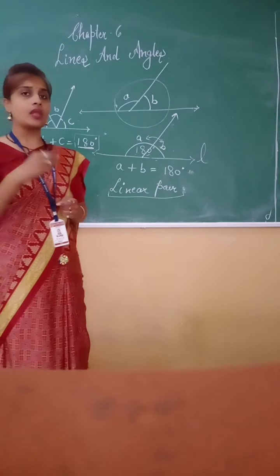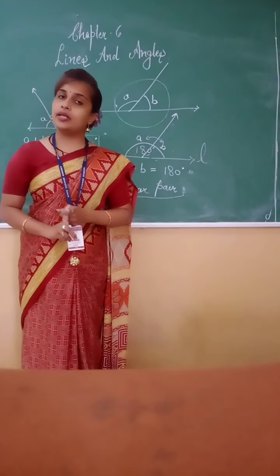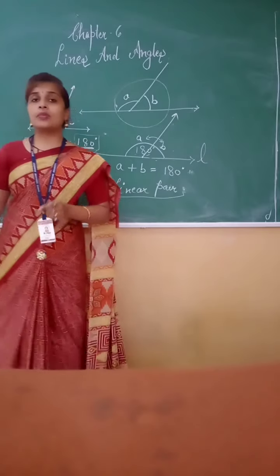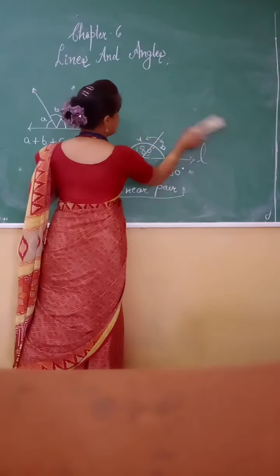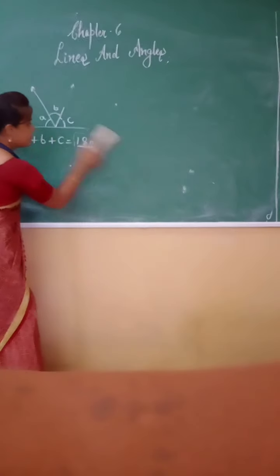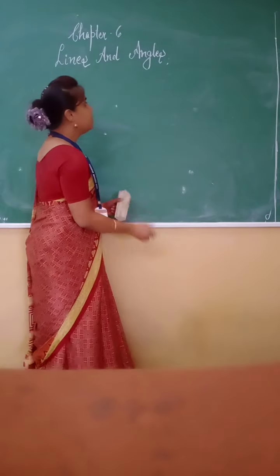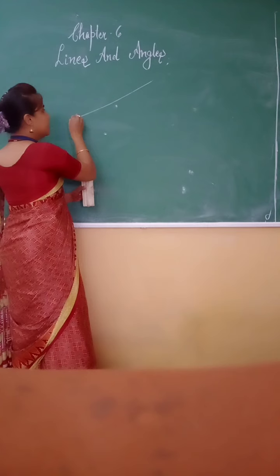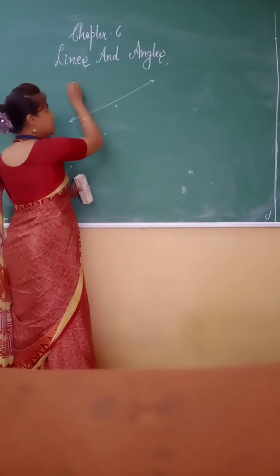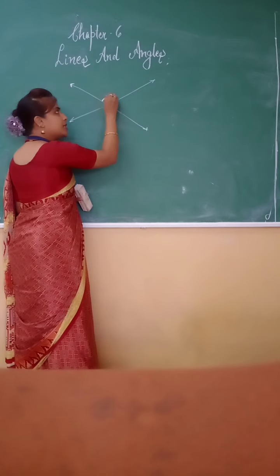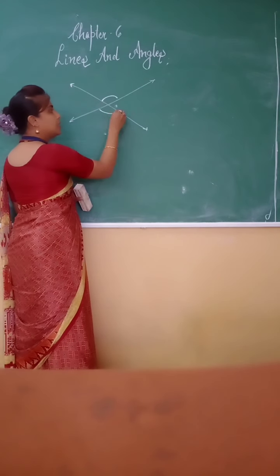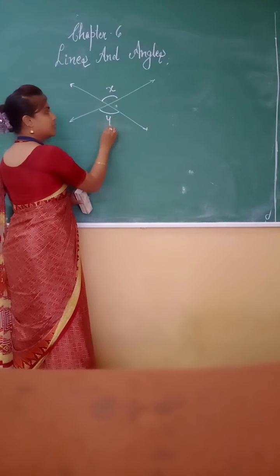Now, after this, you have also learned about various different angles. Let us see that. If these two lines intersect with each other, then what is the relation between these two angles?